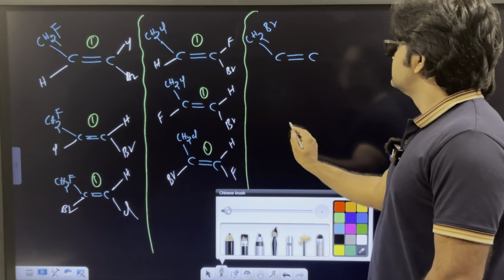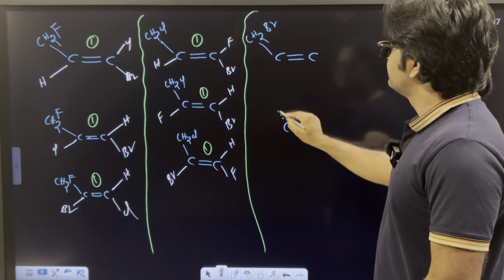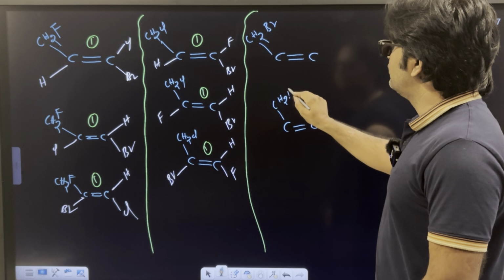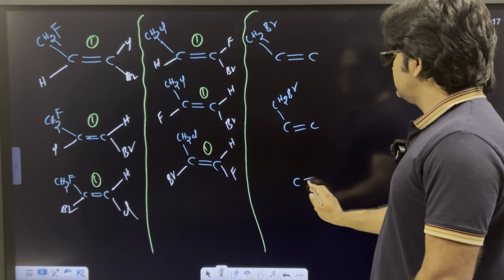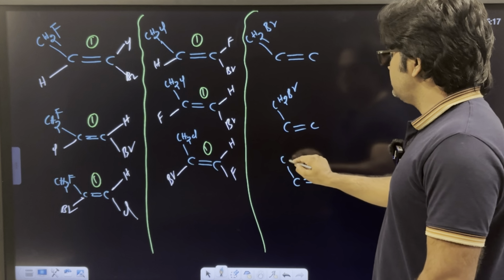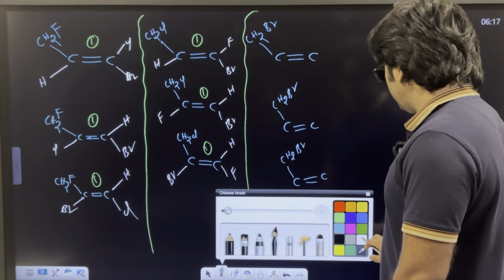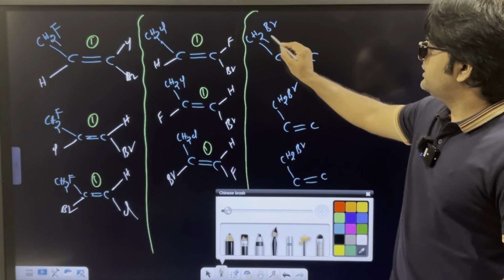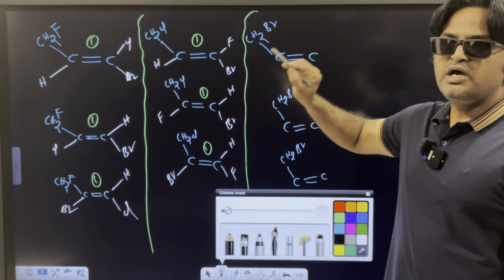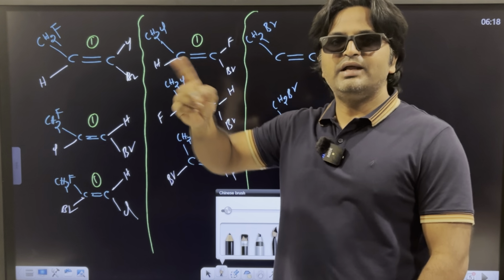Next, come to the last molecule. Now here C double bond C, CH2Br. Next one, C double bond C, CH2Br. What about the remaining atoms? After writing CH2Br, we have hydrogen, fluorine and chlorine.